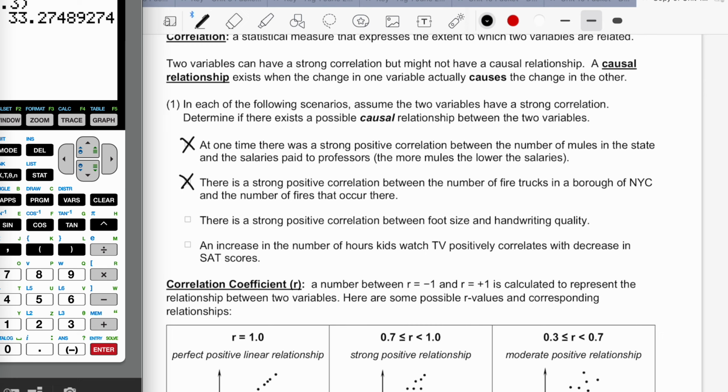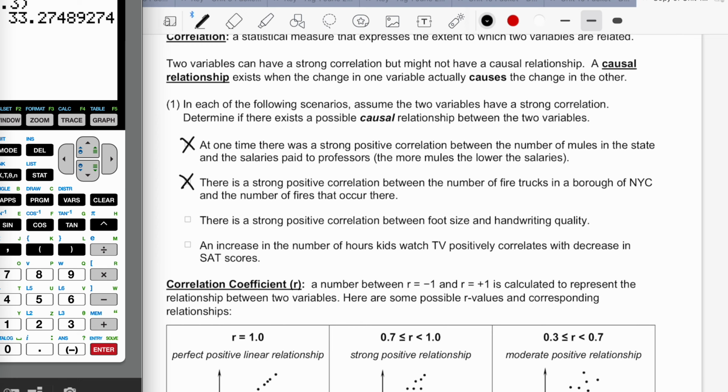But if you look at it from the perspective of more fire trucks means more firehouses, more firehouses might mean more fire prevention programs. More fire prevention programs means more people educated on how to prevent fires, which would then lead to fewer fires occurring in a particular area.